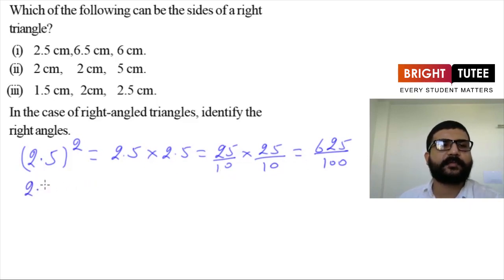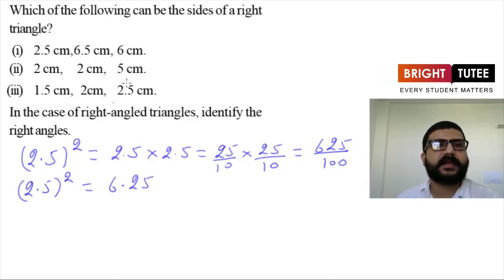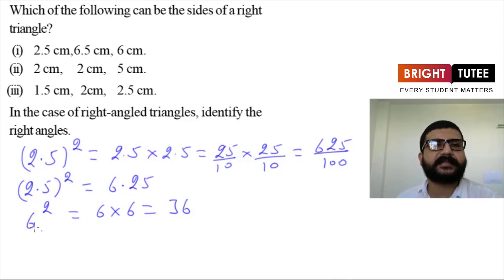So now we got 2.5 square, which is 6.25. Now let's find 6 square. 6 square is equal to 6 into 6, which is equal to 36. And then the third side is 6.5 square.